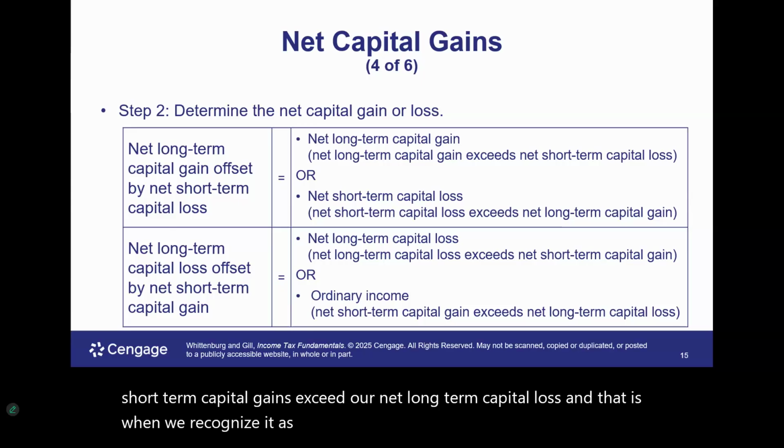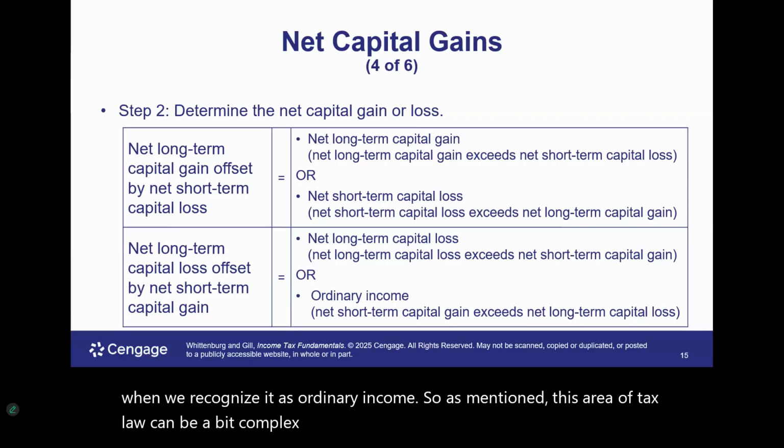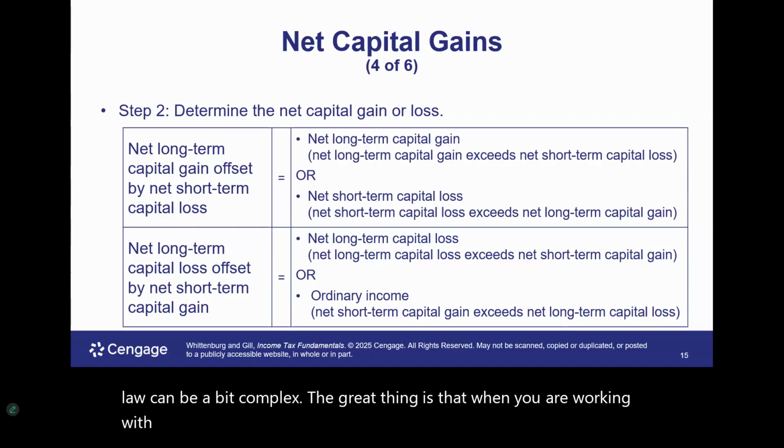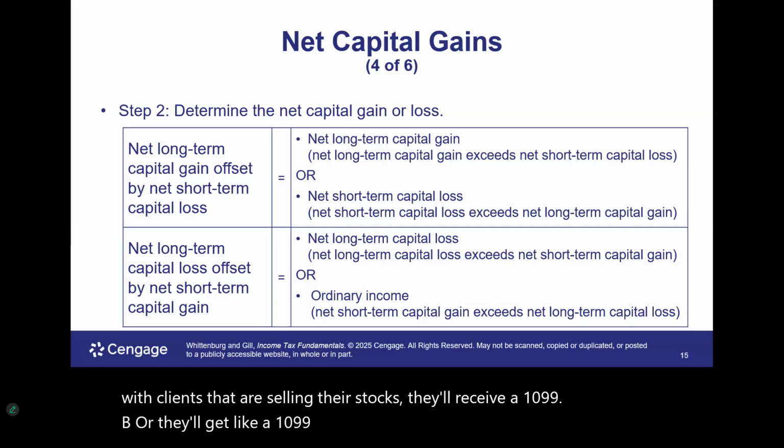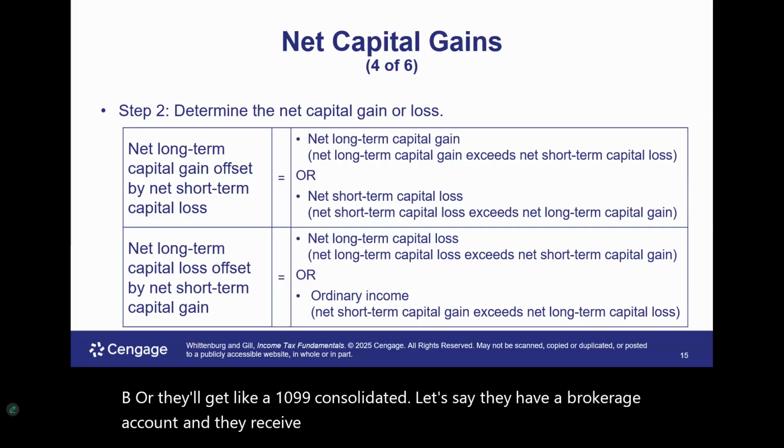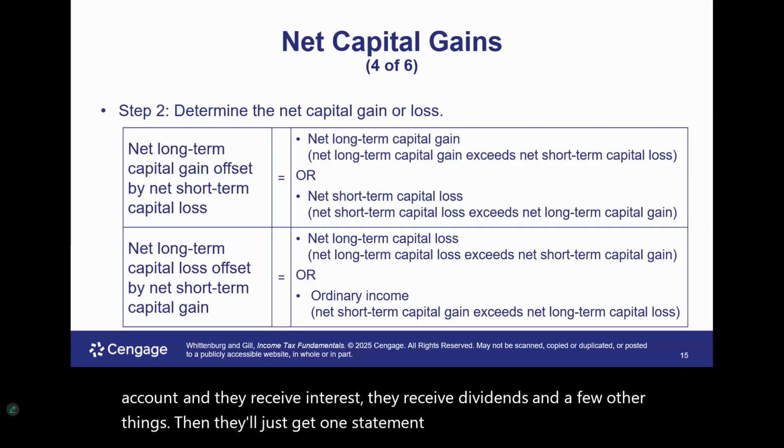So as mentioned, this area of tax law can be a bit complex. The great thing is that when you are working with clients that are selling their stocks, they'll receive a 1099-B, or they'll get a 1099 consolidated. Let's say they have a brokerage account and they receive interest, dividends, and a few other things. Then they'll just get one statement with everything versus multiple statements.